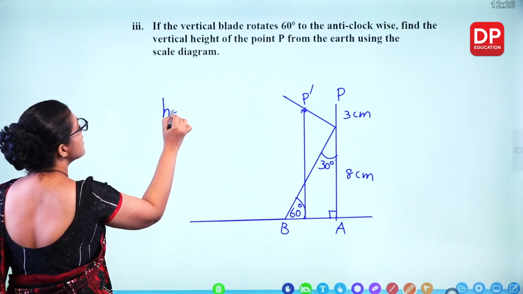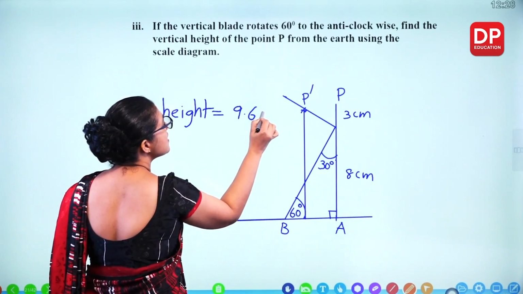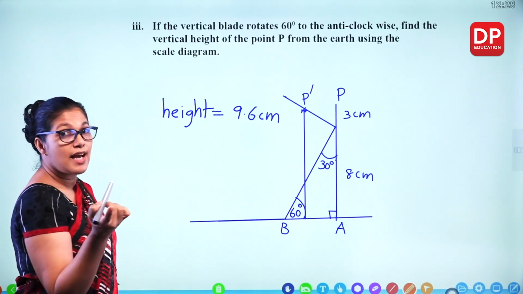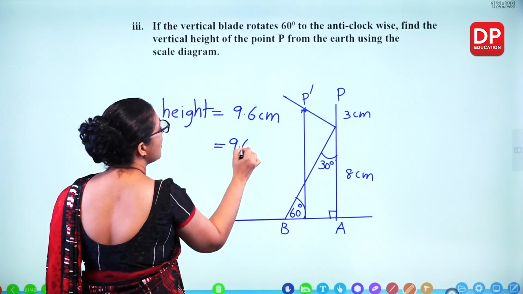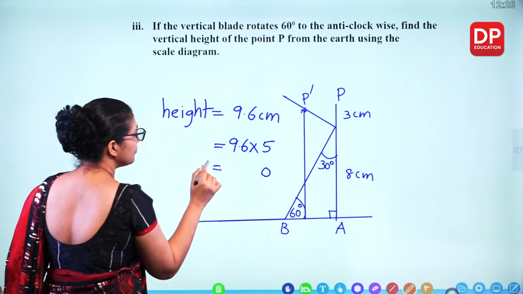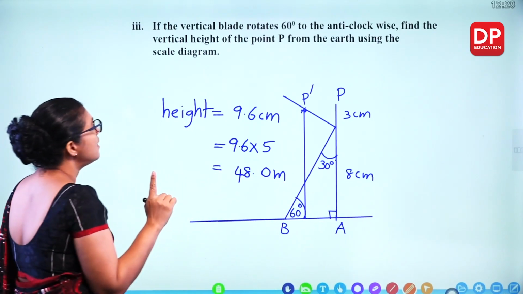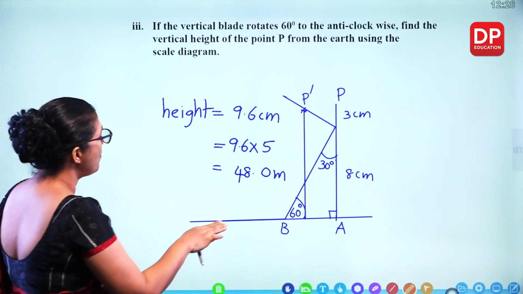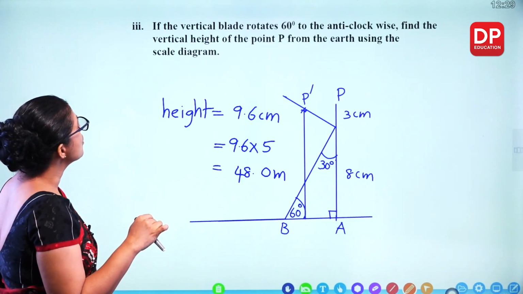So the height is equal to 9.6 centimeters. We need the actual height, multiplied by 5. 48 meters is the height from ground level to this position P dash.